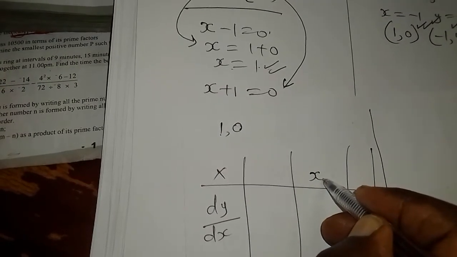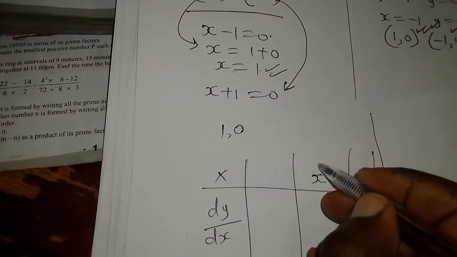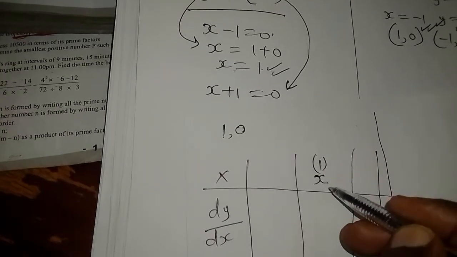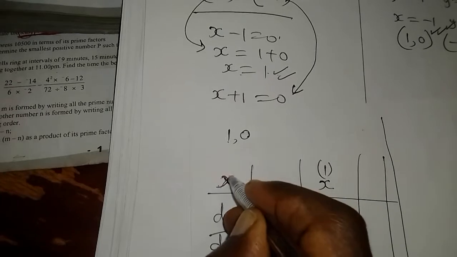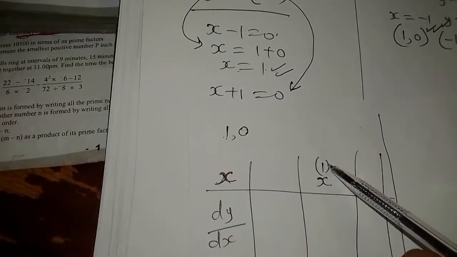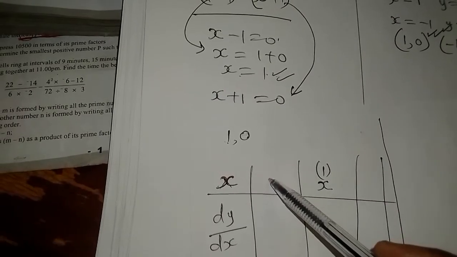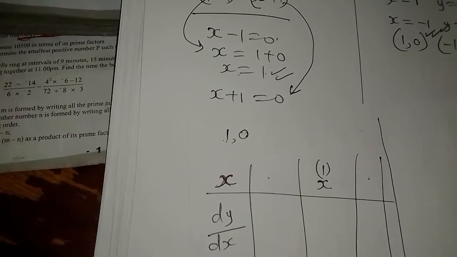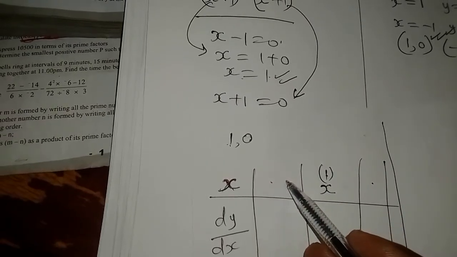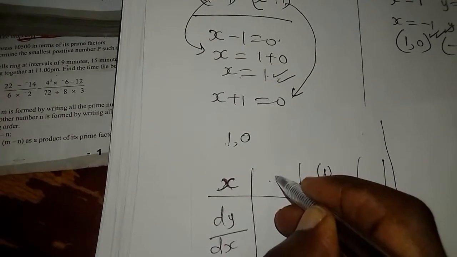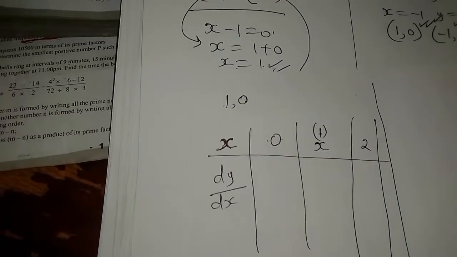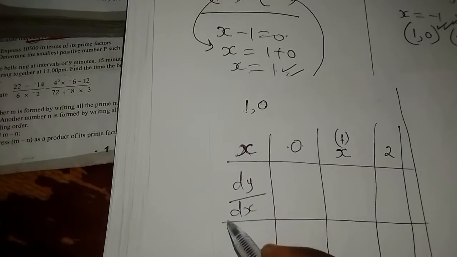So if I have x as 1, I'll write something less than 1, then something more than 1. I pick at random any value that is less than 1 and write it on the left-hand side. I can say 0, then here I can say 2. All can work. So I want to get the dy/dx.